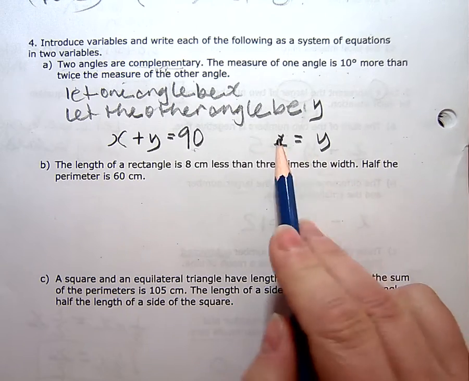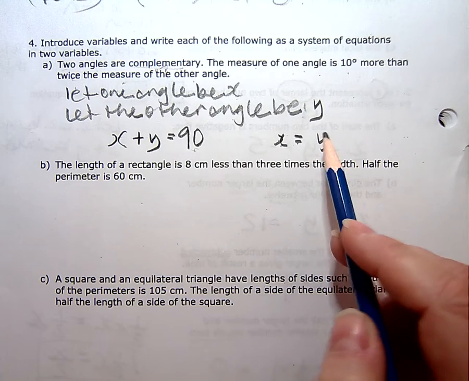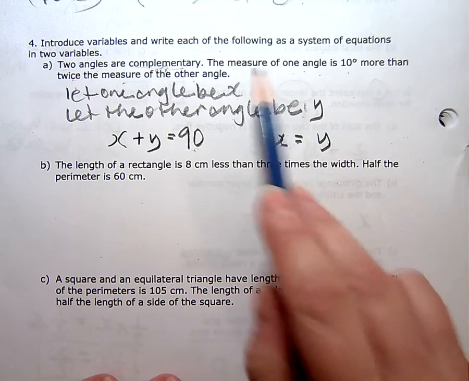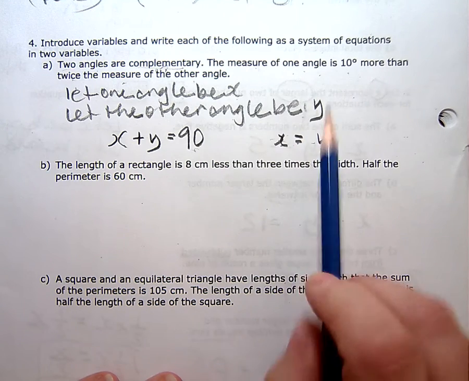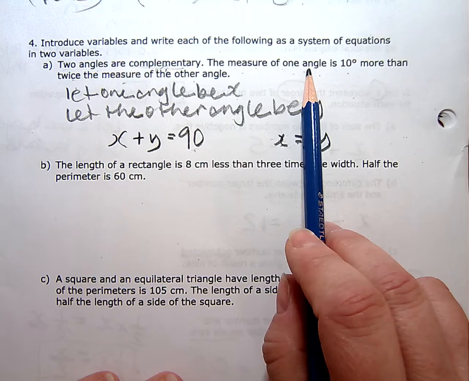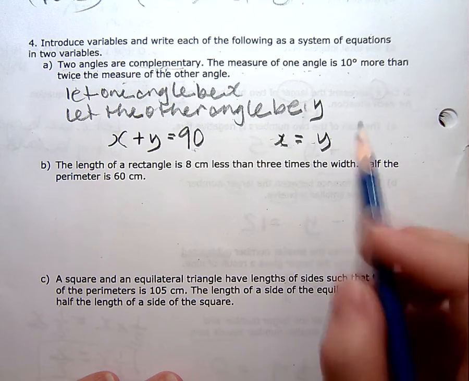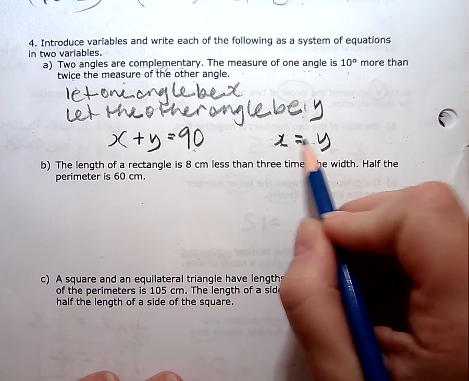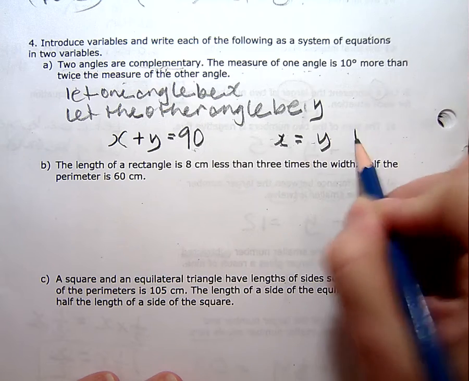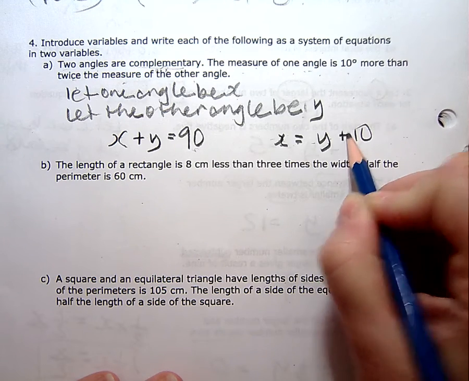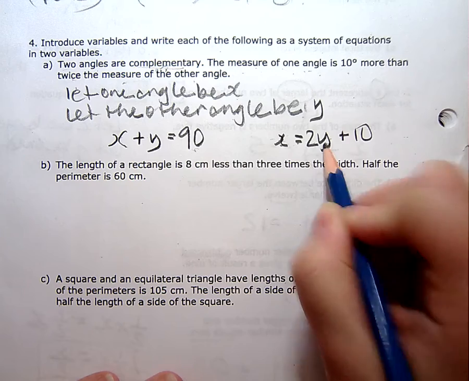Now this is not true right now, x and y are not the same, but how can we make them equal? The measure of one angle is 10 more than twice the measure of the other angle.